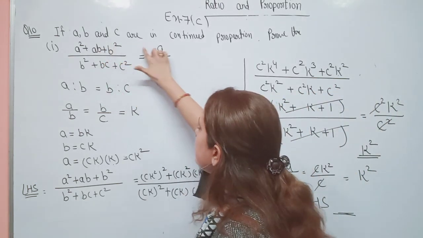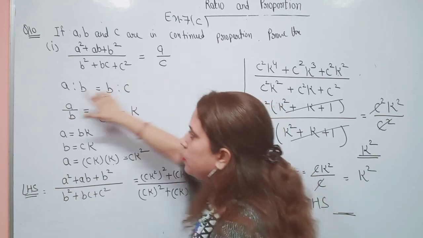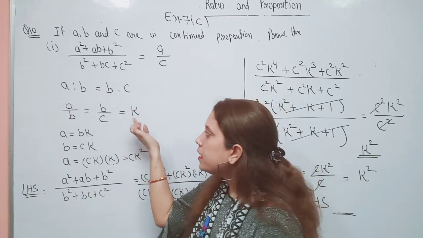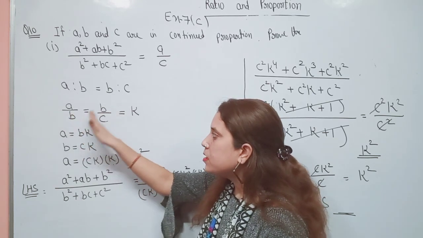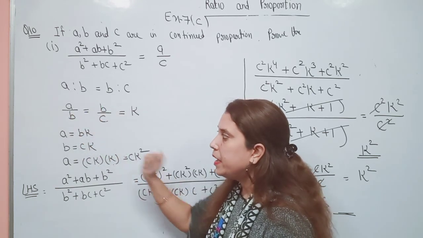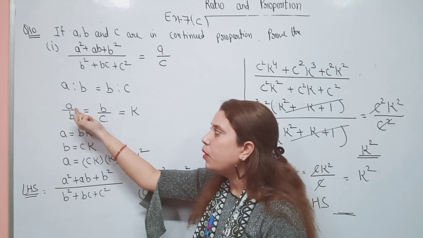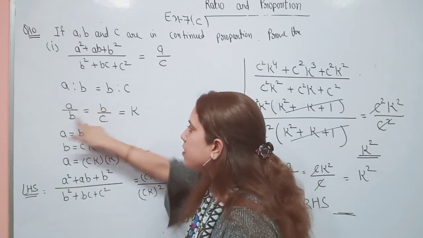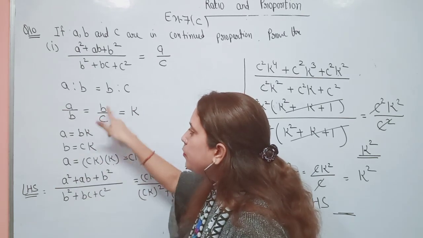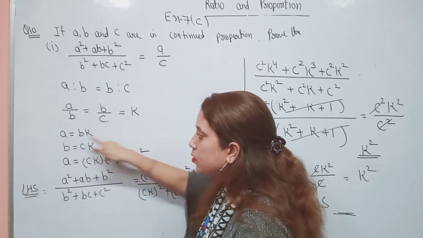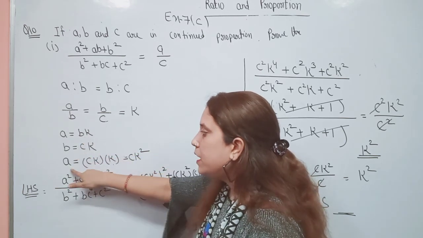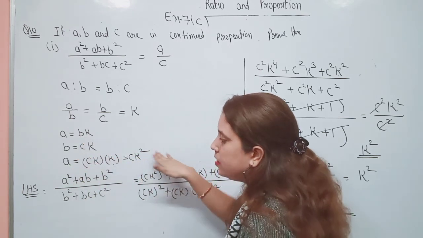First, what is the given? A, B and C are in the continued proportion. So A ratio B is equal to B ratio C. Let it be a constant K. A upon B is equal to B upon C is equal to K. After that we will find the value of A and B in terms of K. So value of A is equal to BK and value of B is equal to CK. In A, in place of B we can put CK, so value of A is equal to CK square.